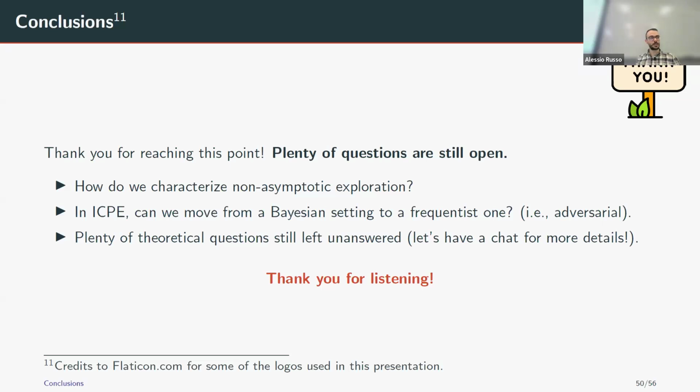Basically what this theorem says is that in problems where the parameter space is compact, you can show that Bayes solutions are actually optimal in general. And this is an interesting result, actually. So for any method that is non-Bayesian, you can always find a Bayesian one that is at least as good.